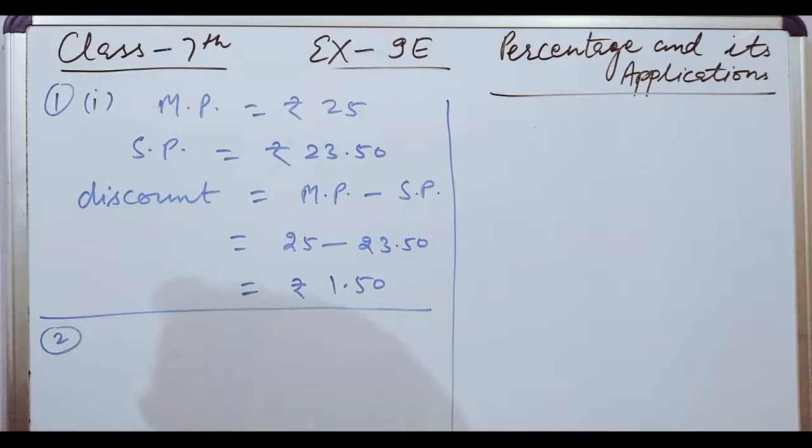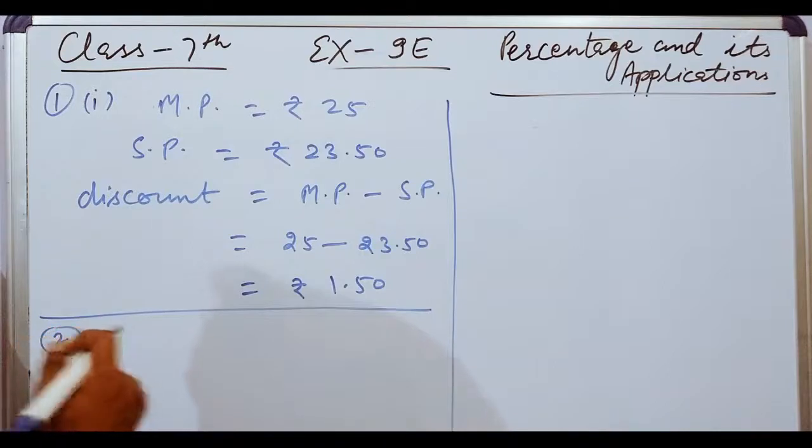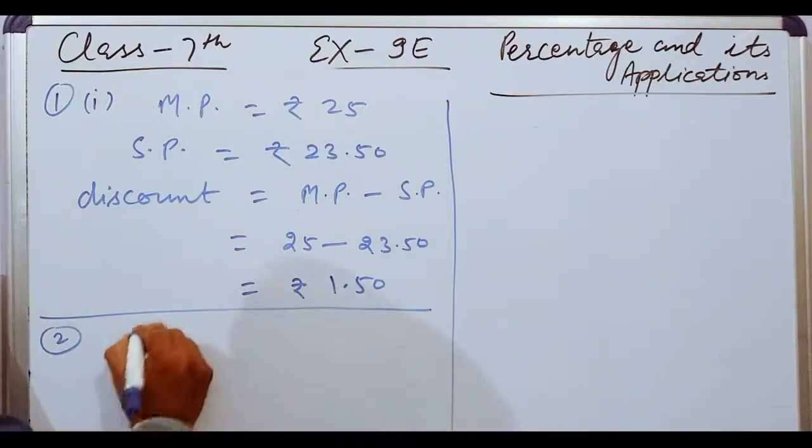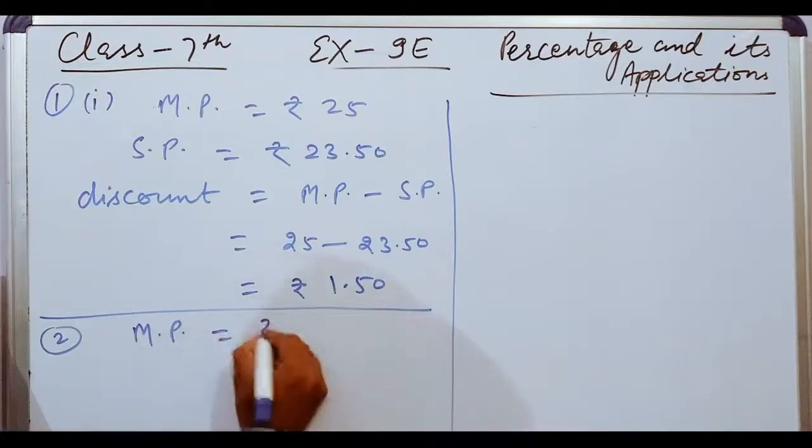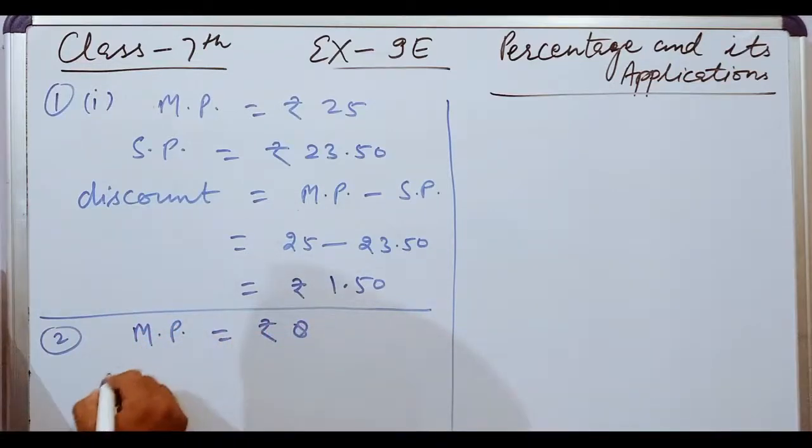Now question number 2. A shopkeeper marks the price of an article at rupees 80, means this is mark price rupees 80, and discount equal to 10%. Find the selling price.